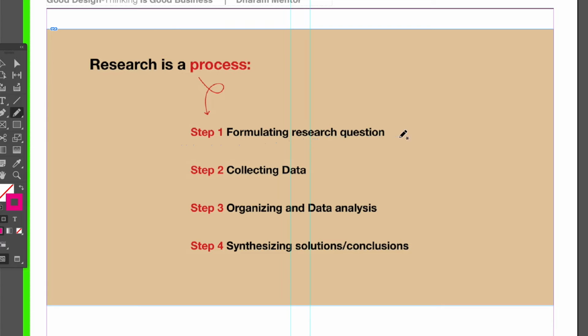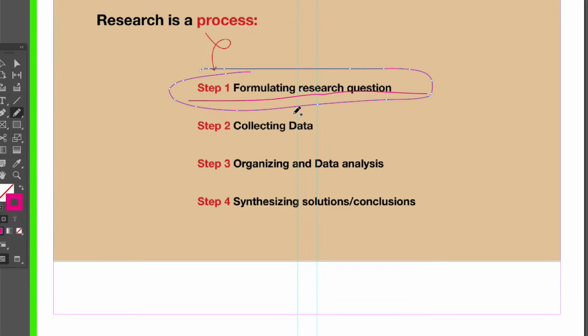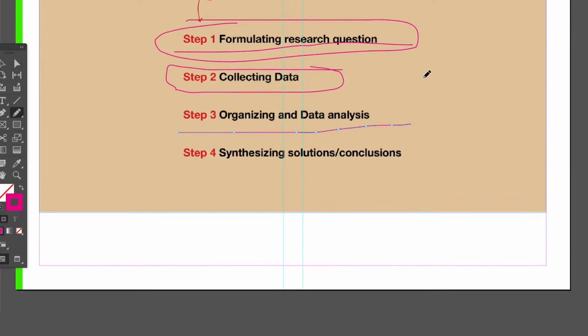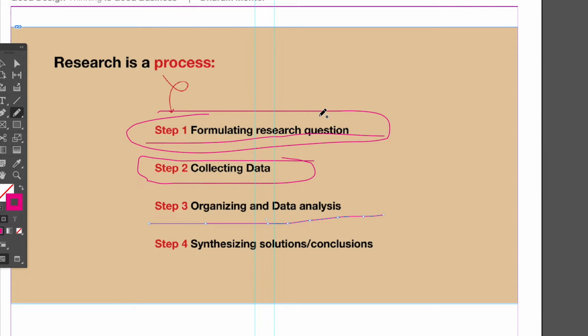It follows several steps. Initially, the first step is to formulate the research question, and sometimes you choose the field of study. The second stage is all about engaging yourself in collecting information directly or indirectly, doing several qualitative or quantitative exercises. In the third stage, once you have an ample amount of data, you have to make meaning out of that data.